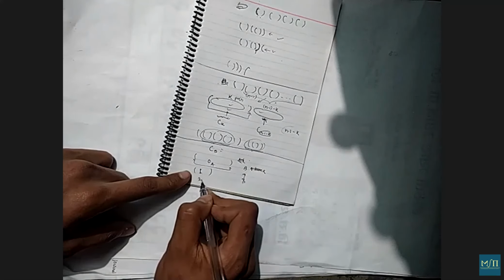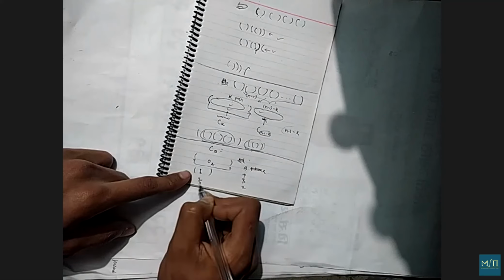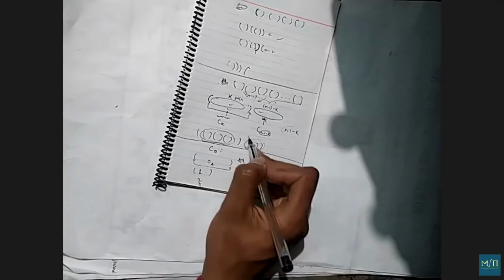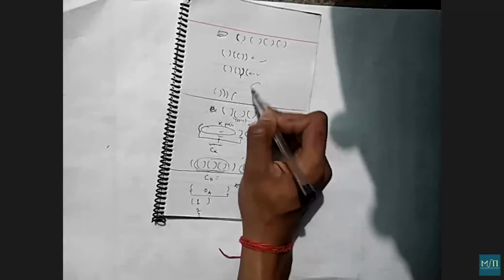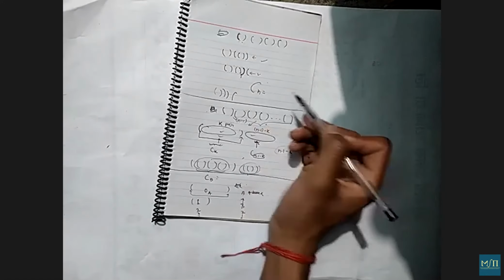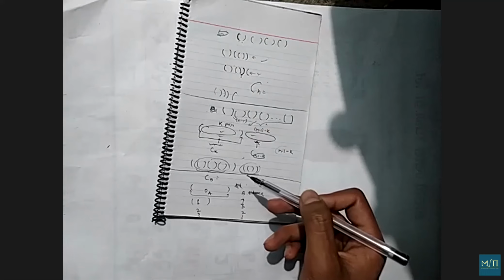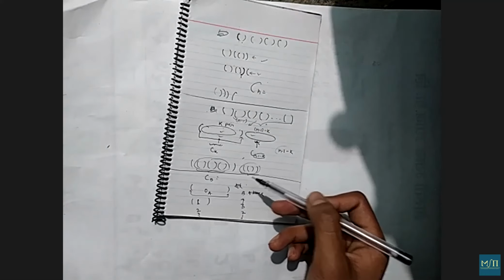You can put 2 over here, 2 over here, 3 here, 1 here, or 4 here, 0 over here. So what I mean to say is the nth Catalan number is just putting together all the cases where we have to arrange n brackets.